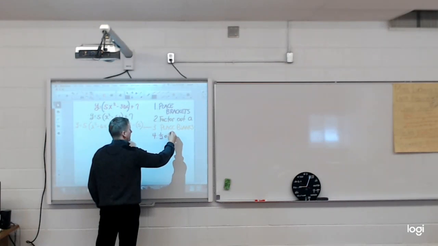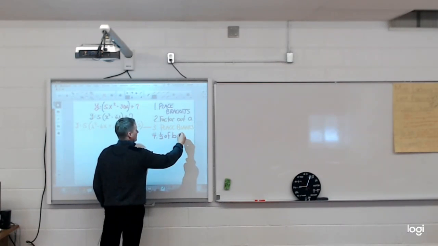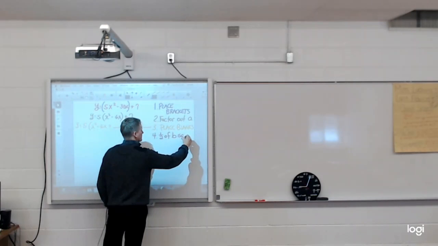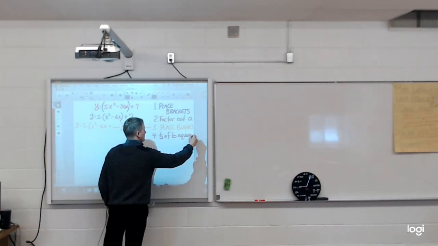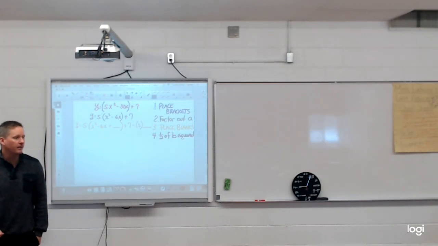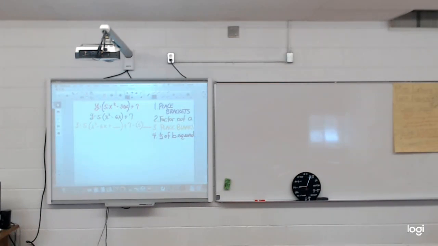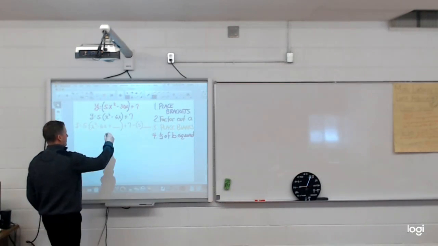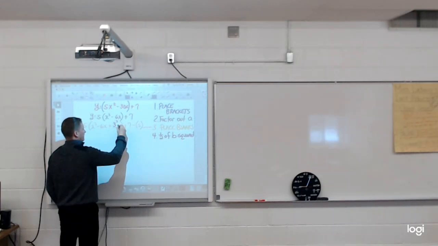Half of b squared. So I'm taking half of my b term and I'm squaring it. Okay? So what's my b in this case? 6. So what's half of 6? 3. So I put 3 squared here.